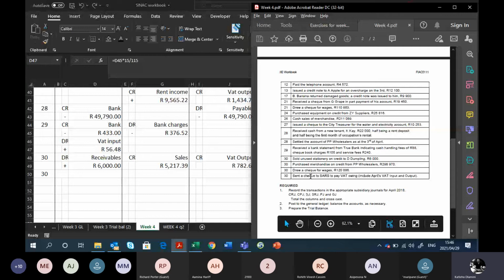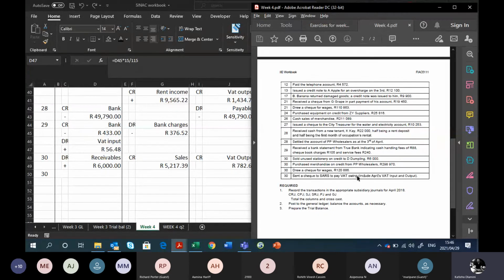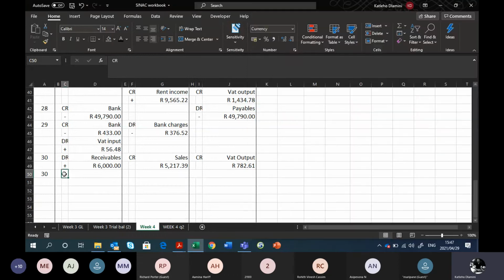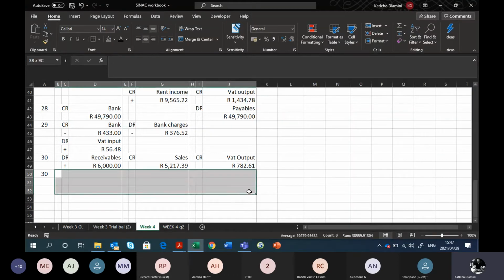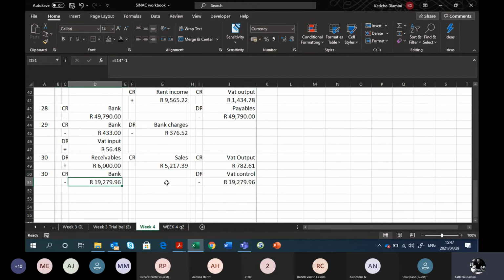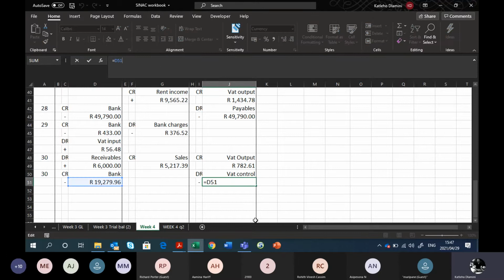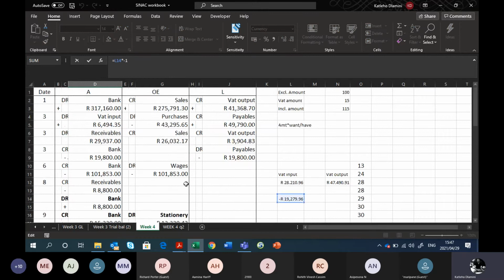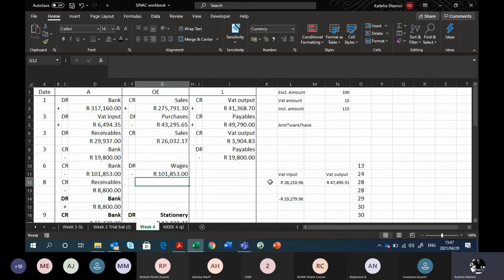And then the last one: send check to SARS to pay for VAT owing. Include April's VAT input and output VAT. So you include VAT input amounts and exclusive amounts, and you get the difference. I'm going to see which one I did it from. Okay, I did it here on the side.